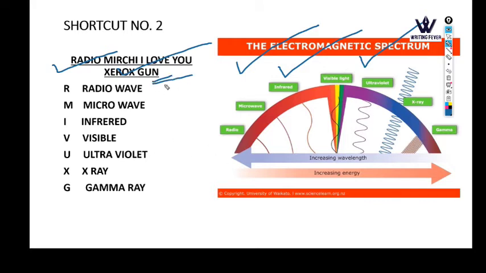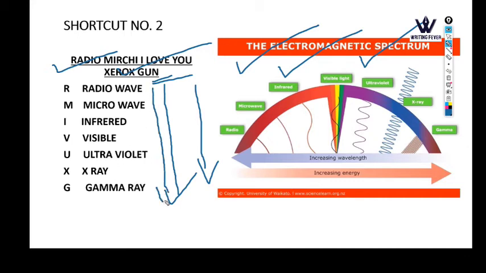From radio wave to gamma ray, the energy as well as the frequency is increasing, and the wavelength is decreasing.